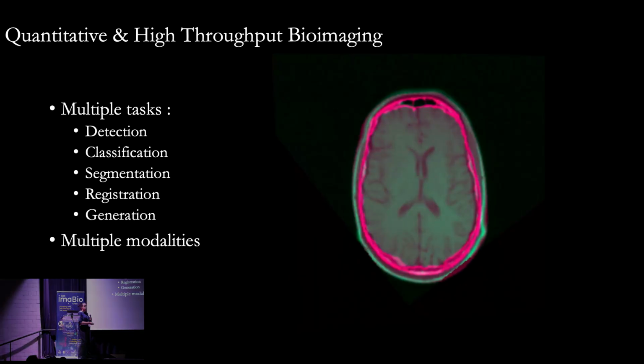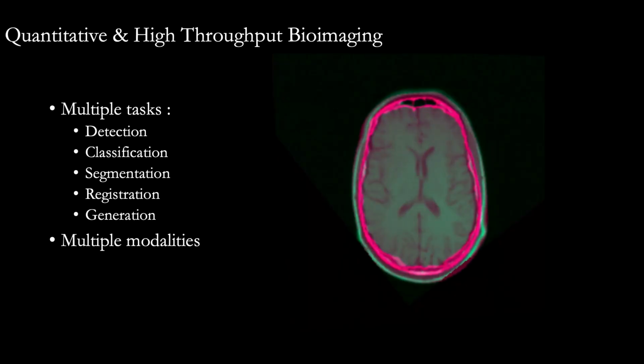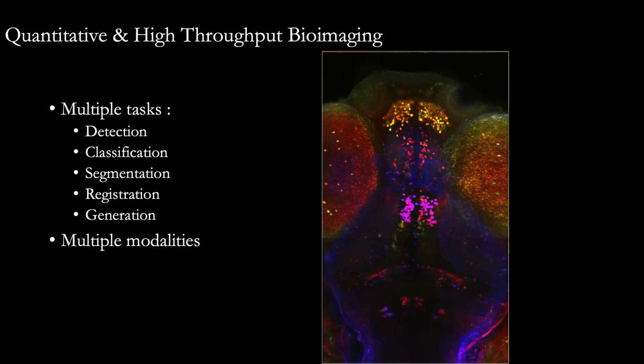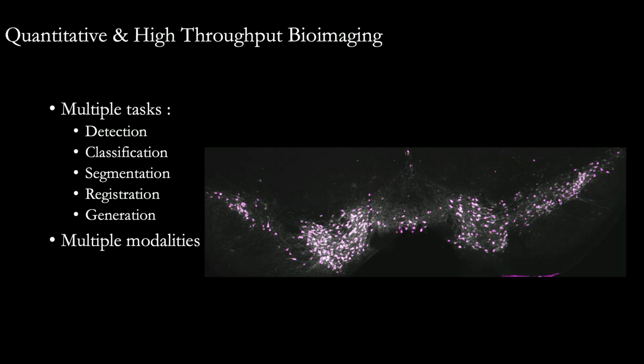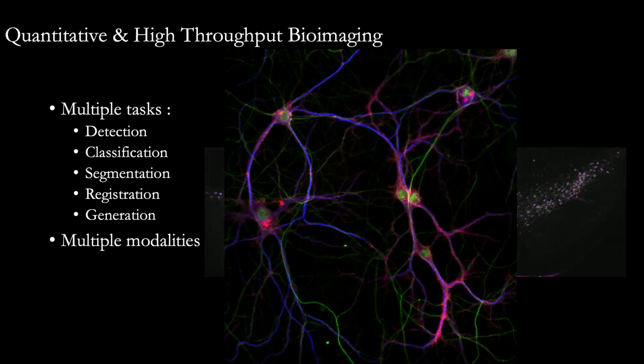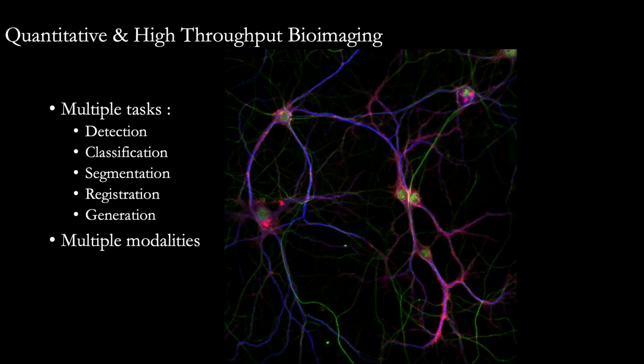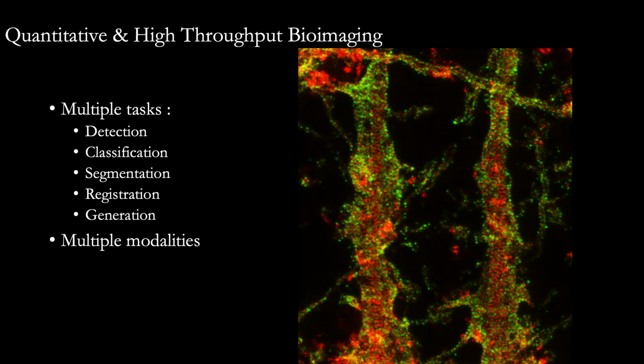For example, it could go from full brain imaging to the neuronal circuit in a zebrafish brain, to counting cells in mouse brain slices, looking at neuronal connectivity in cell cultures acquired on a confocal microscope, down to looking at subcellular structure with super-resolution microscopy.